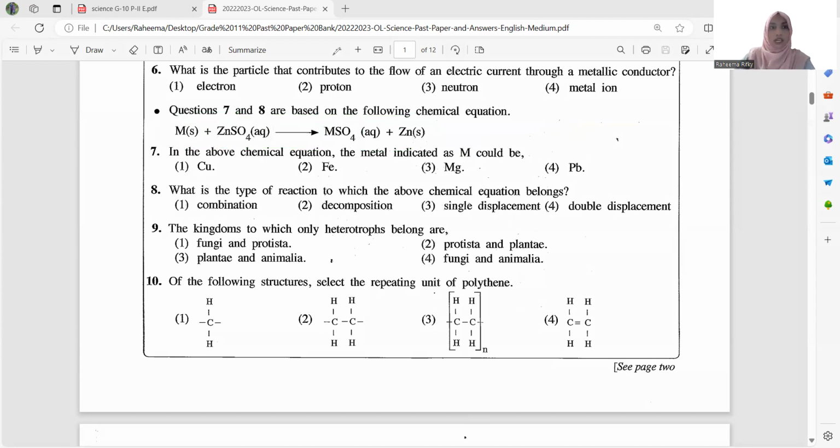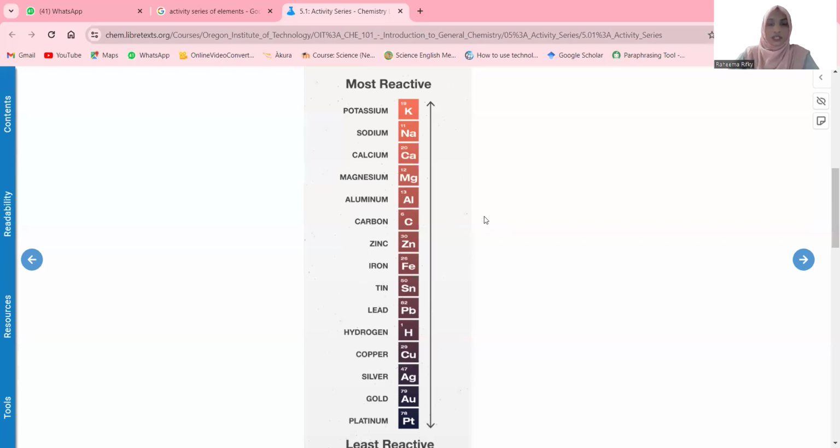Now, let me share the activity series. Give me a second. Now you can see the activity series on my screen. We have a list of the activity series: at the top it is most reactive, and going down it is least reactive.